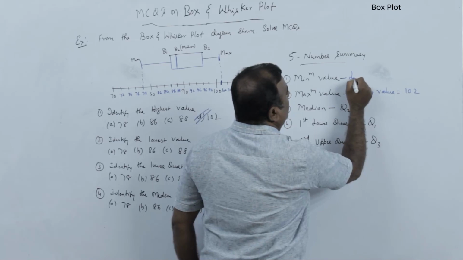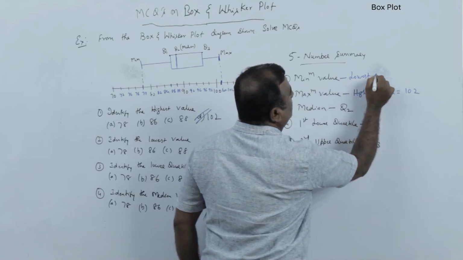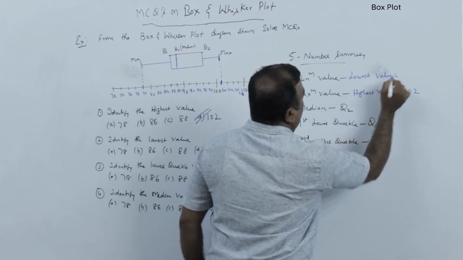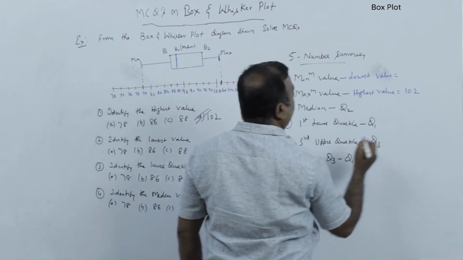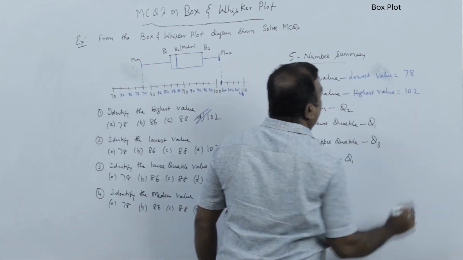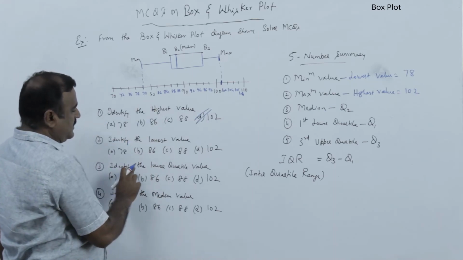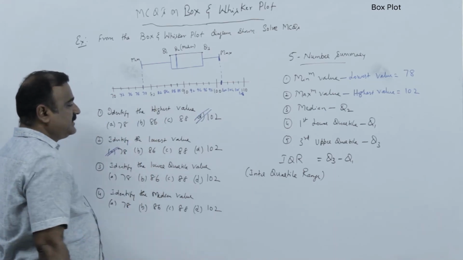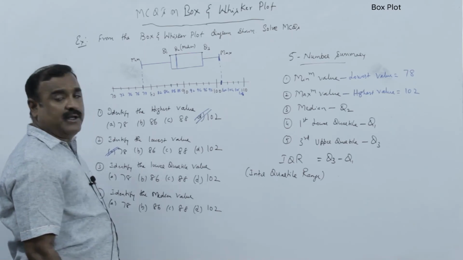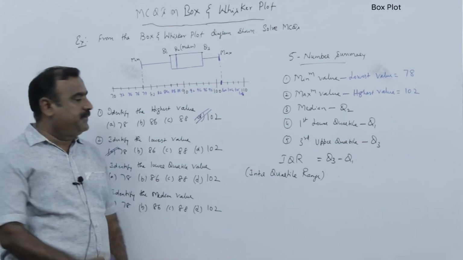The minimum value is called the lowest value. From the diagram, the lowest value is 78, so option A is the right answer for the lowest value.